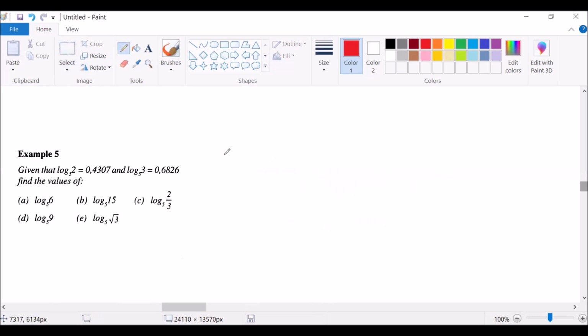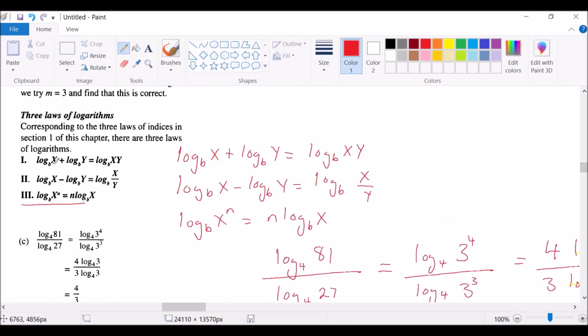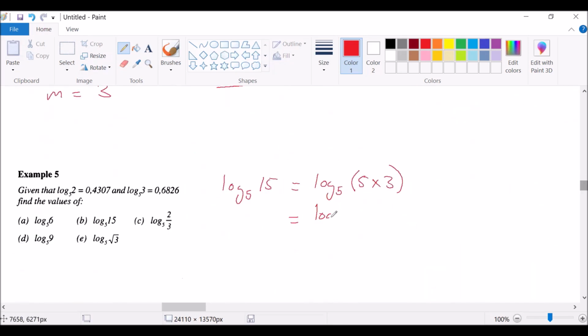For B, log to base 5 of 15 is the same as log to base 5 of 5 times 3, which is equal to, using the first law in reverse, log to base 5 of 5 plus log to base 5 of 3.